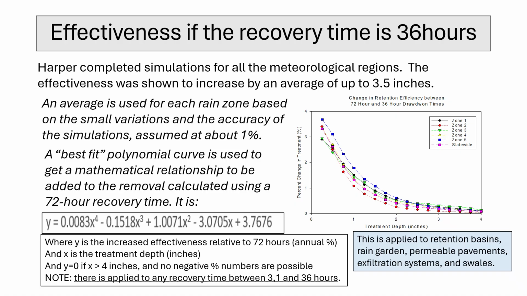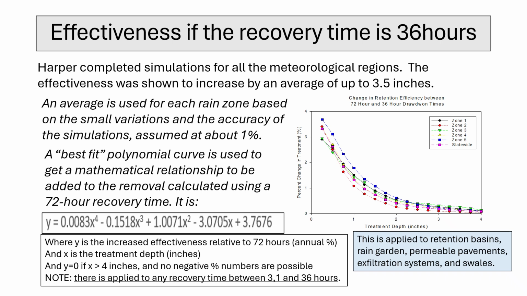In this equation, Y represents the increased effectiveness, expressed as an annual percentage relative to the 72-hour baseline. X denotes the treatment depth in inches. It's important to note that Y becomes 0 if X is greater than 4 inches, ensuring that we don't calculate any negative percentages for increased effectiveness.